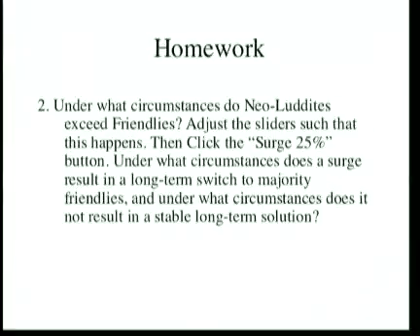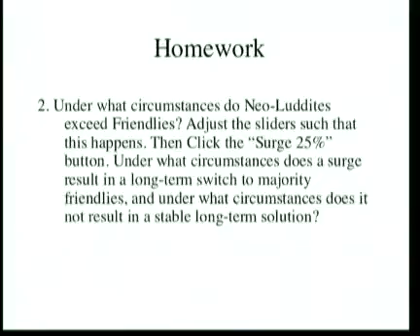Because you'll find that sometimes you do the surge and very quickly the friendlies will outnumber the neo-Luddites. But after only a short amount of time, the neo-Luddites will again take over and they'll be winning. So look into the model and try and figure out what causes that to happen. What makes the difference? What other situations must obtain in the model for the surge to make a long-term difference?